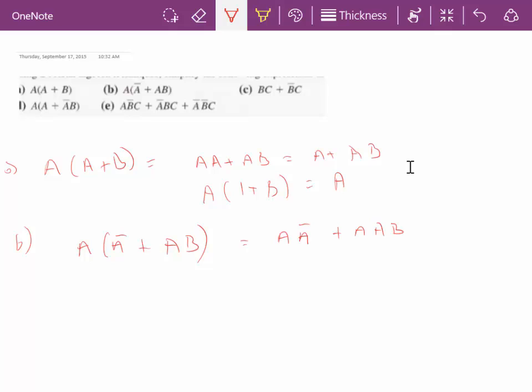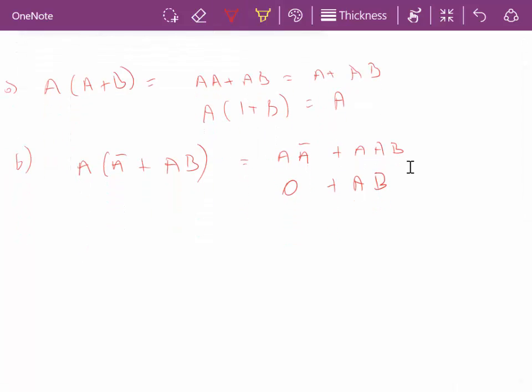Right there. A times A' is equal to what? 0, right? Plus AB. I factored the A and B together. 0 plus anything is equal to that there, so this is going to be equal to AB right there.